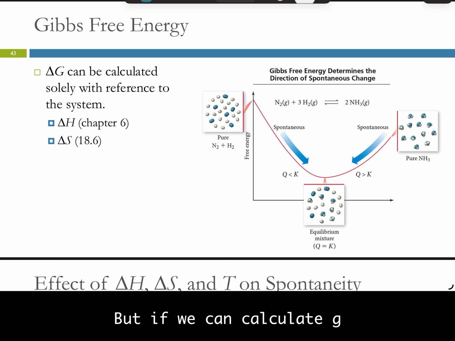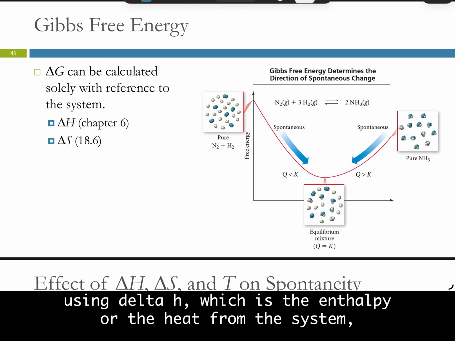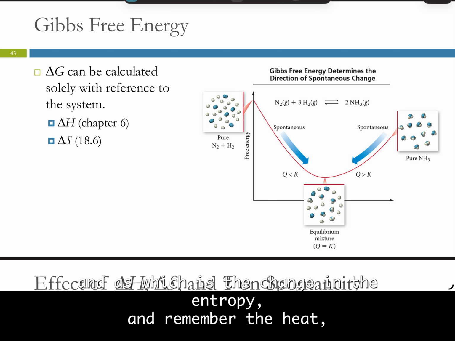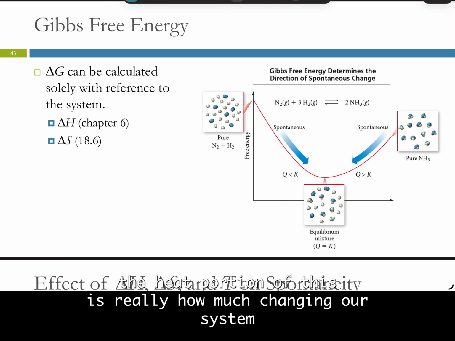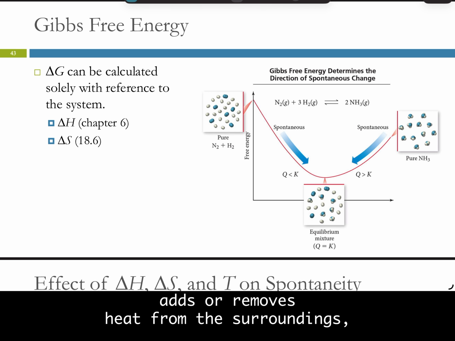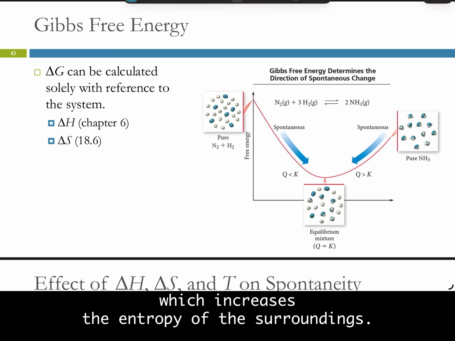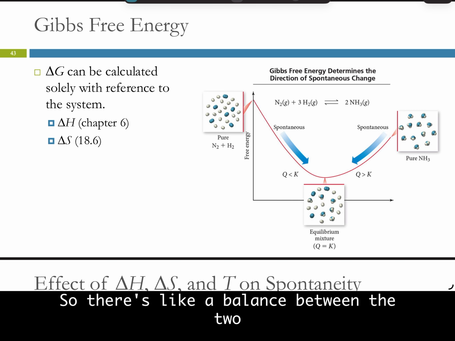But we can calculate G using delta H, which is the enthalpy or the heat from the system, and delta S, which is the change in the entropy. Remember, the heat portion of this is really how much changing our system adds or removes heat from the surroundings, which increases the entropy of the surroundings. So there's a balance between the two.